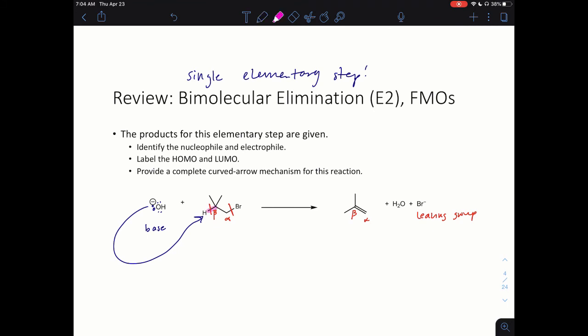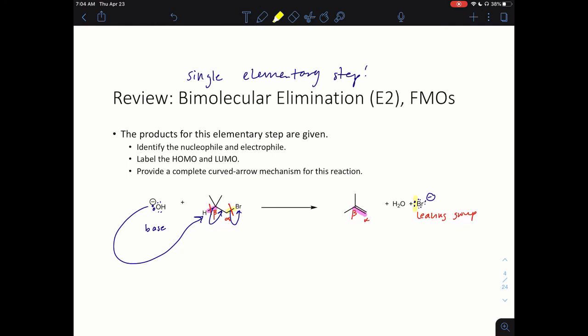Now the electrons in that bond come down and make the alkene, the double bond between the alpha and beta carbons, and then that breaks the carbon-bromine bond, generating bromide. So those electrons end up here.